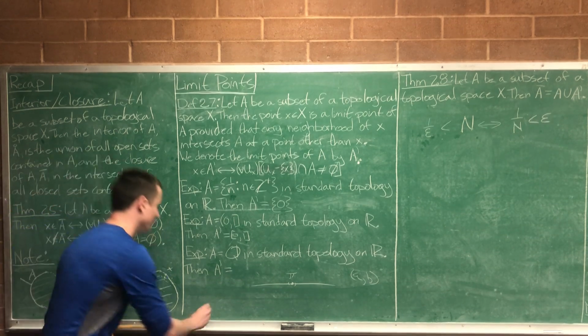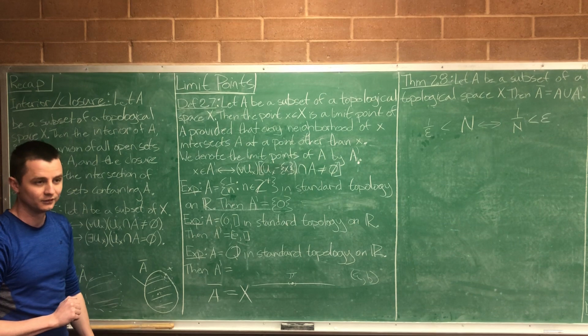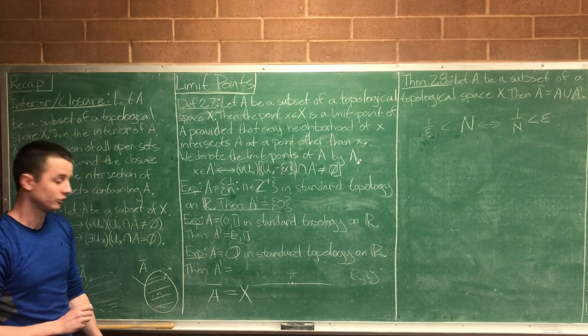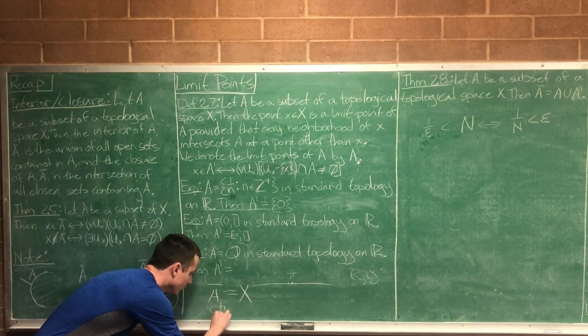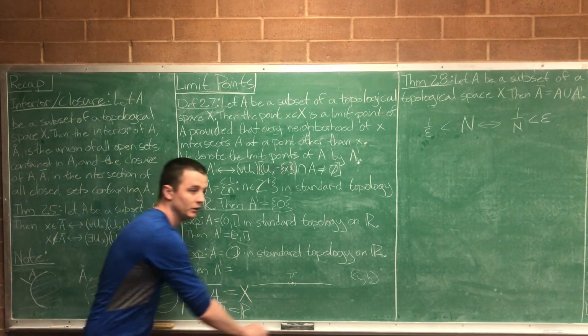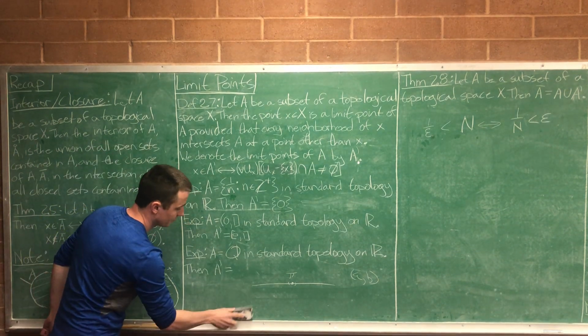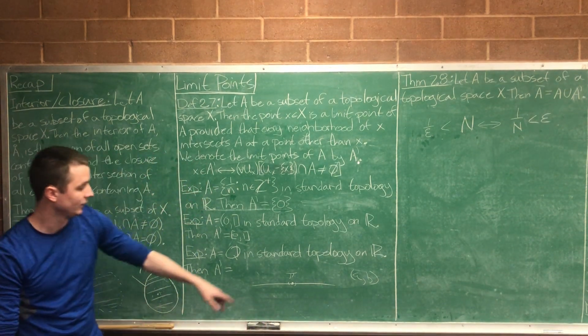A is dense if and only if A's closure is equal to X. So Q's closure is equal to R. That's what it means for the rationals to be dense. But we don't really need that right now.